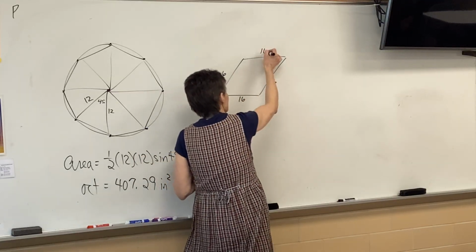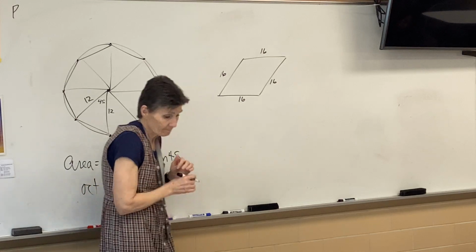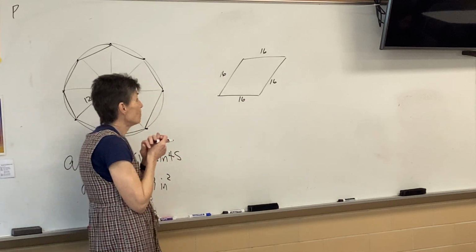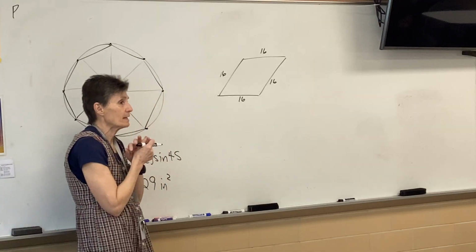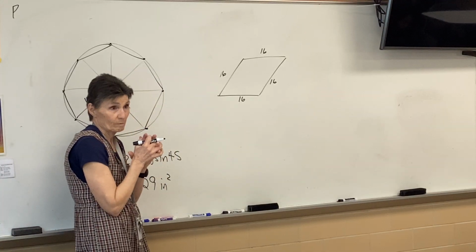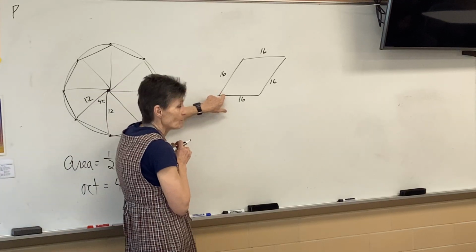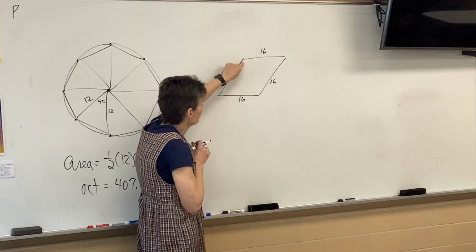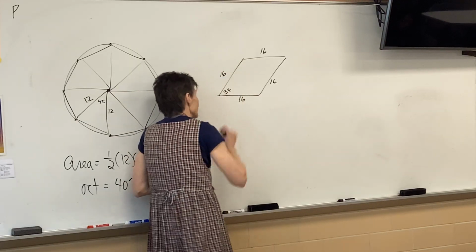So these are all 16. The smaller angle is 34. So which of these is the smaller, the bottom one here or the top one here? The bottom. So I'm going to make this 34.